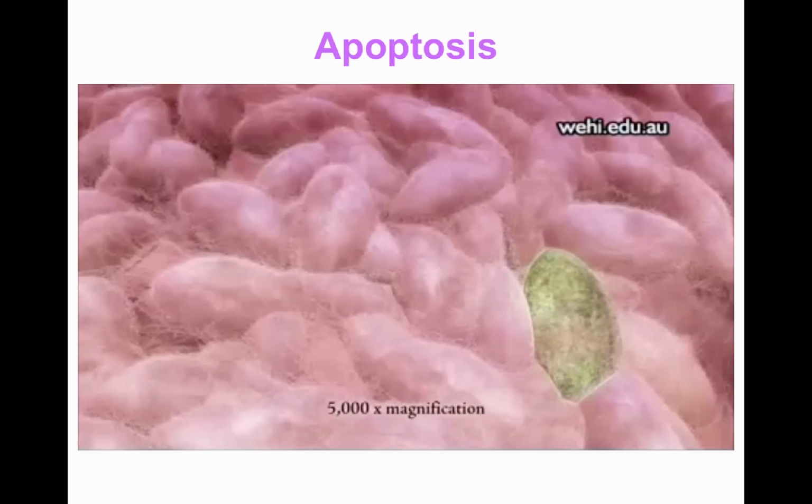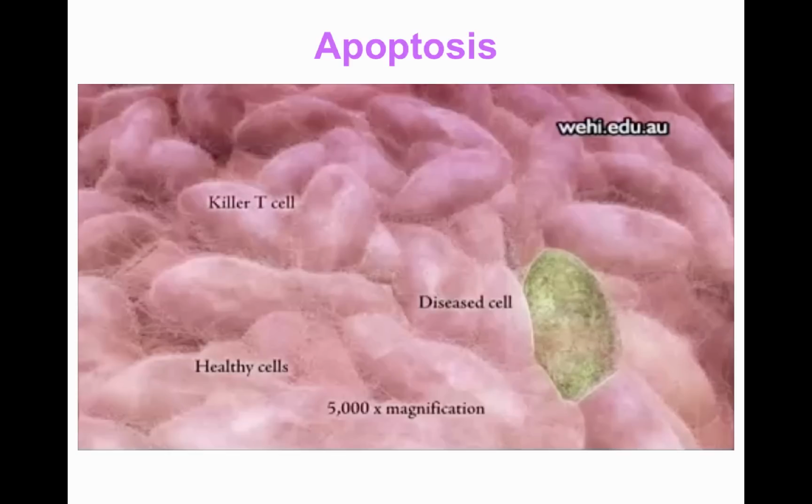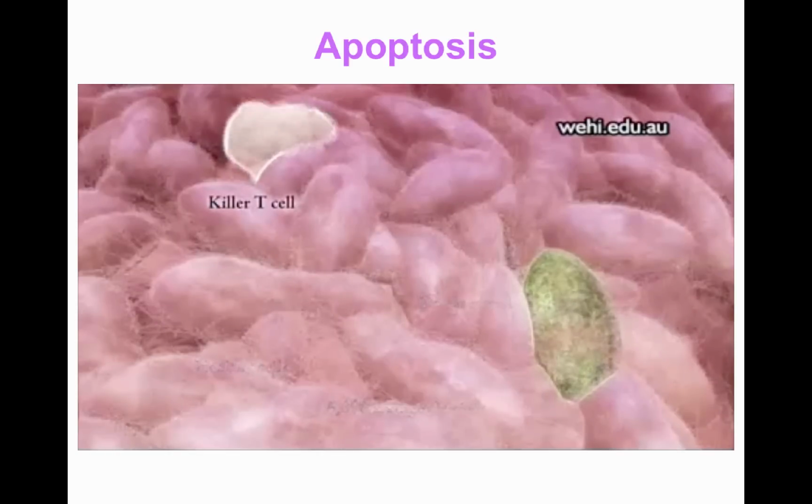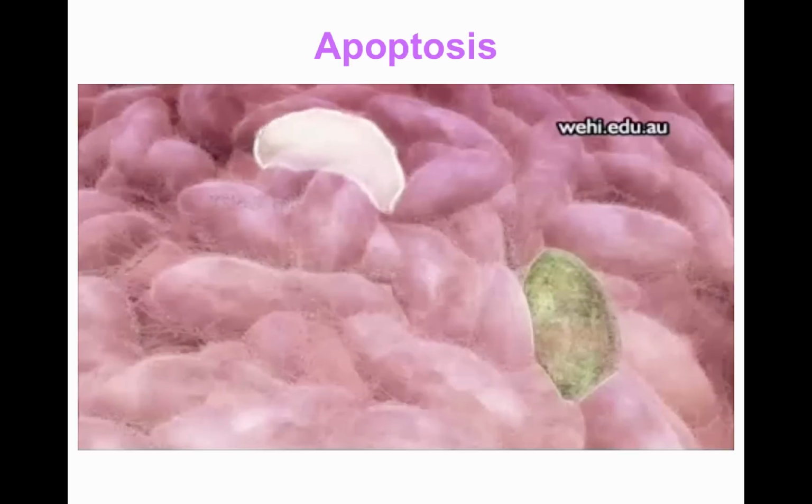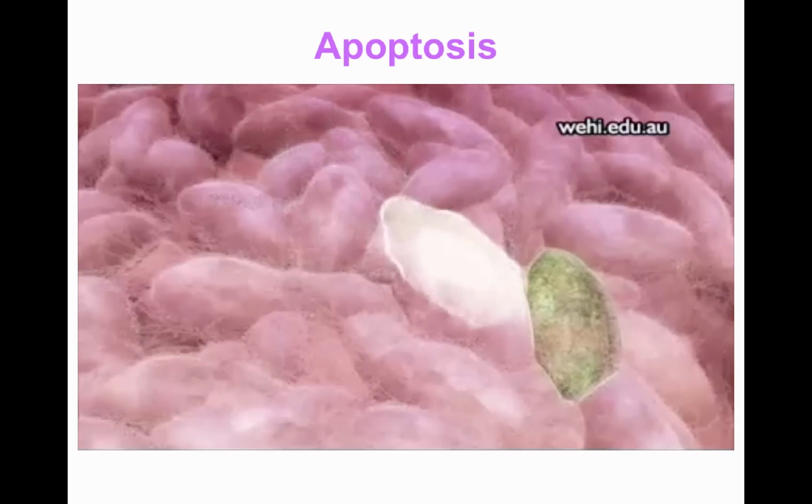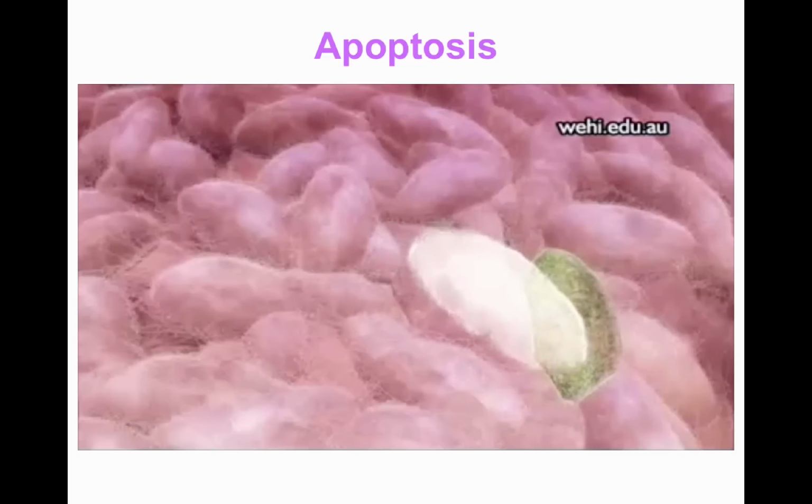So again, normal tissue with a cell that is diseased. Here are the healthy cells, and here's the diseased cell. Now we have a killer T cell that is scavenging around looking for cells which are not normal anymore. And here it's interacting with the diseased cell.